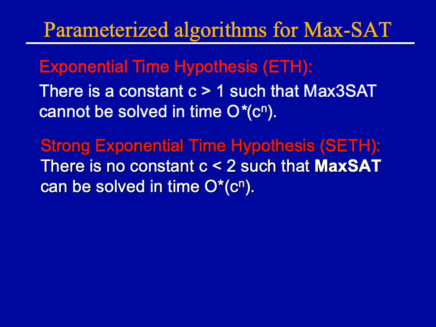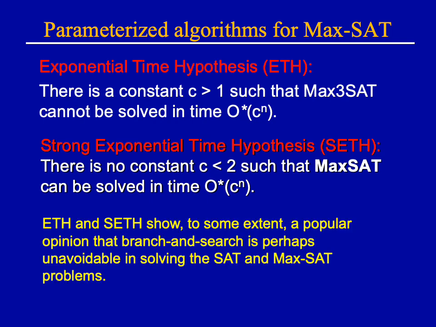There is also SETH that says that for general SAT, you can't have an algorithm whose complexity is c to the n, where c is strictly smaller than 2. These conjectures show a popular opinion that this branching in the search seems unavoidable in solving SAT and Maxset problems.